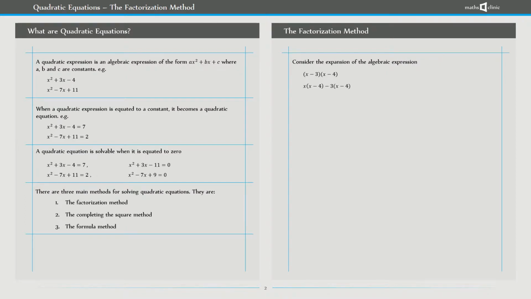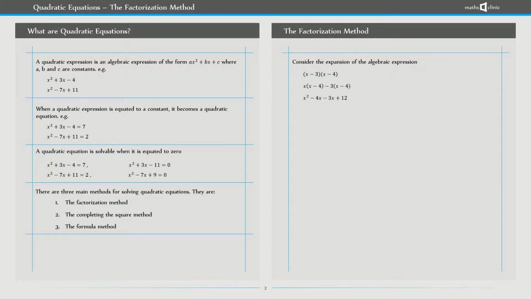Basically to do this, we have x multiplying x minus 4, and then minus 3 multiplying x minus 4. We take the first x and multiply that by x minus 4, and then we take minus 3 and multiply by x minus 4.